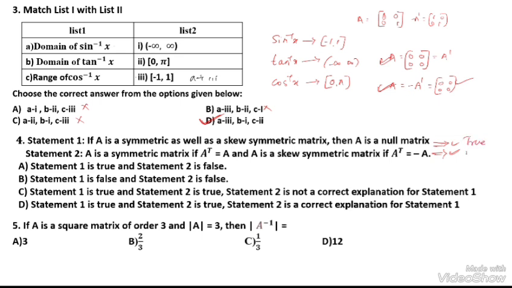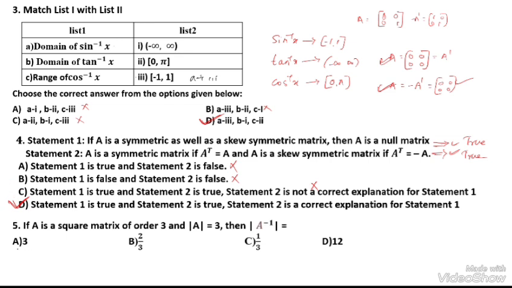The options saying statement 1 and statement 2 are false are discarded. Statement 2 is the correct explanation, because I took an example and proved it. Therefore, option D is correct: both statements are true and statement 2 is the correct explanation for statement 1.